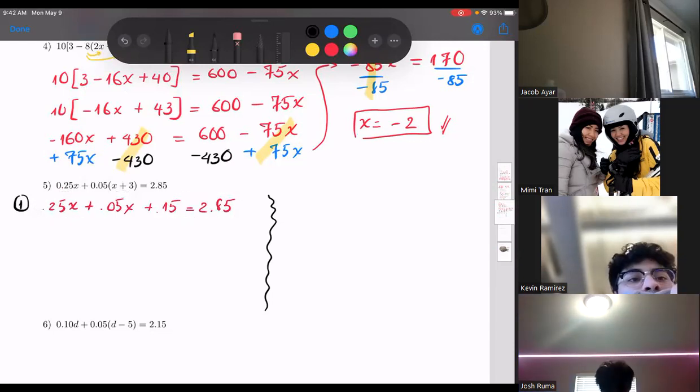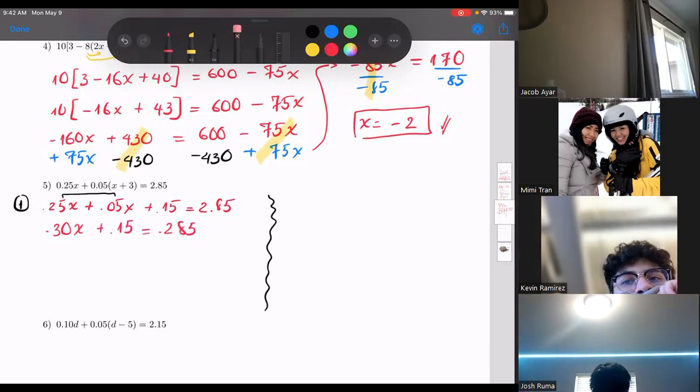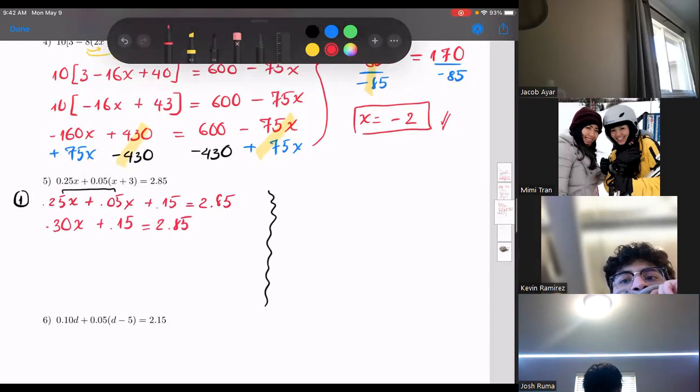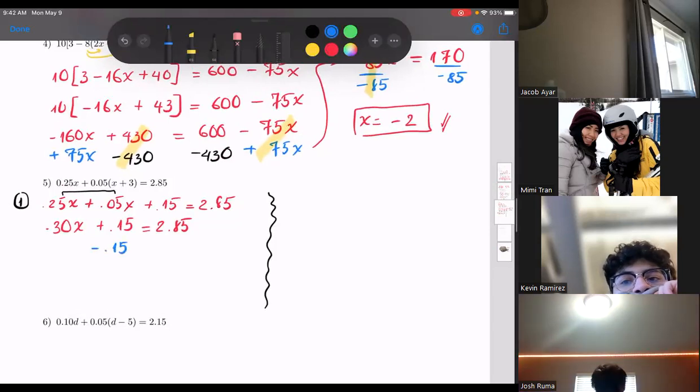0.25 plus 0.05 is 0.3, right? 0.30x plus 0.15 equals 2.85. And because 0.15 is a constant, I'm gonna move it to the right, so subtract 0.15 from both sides.